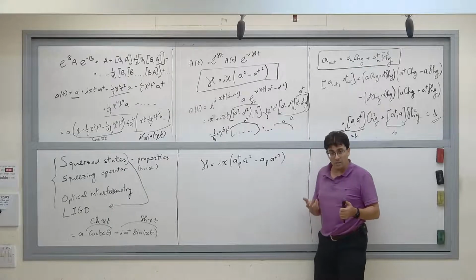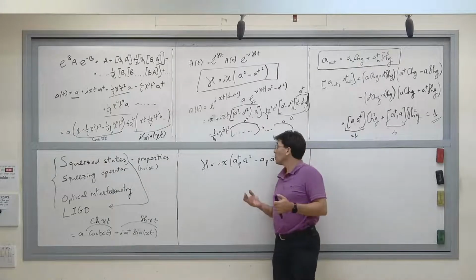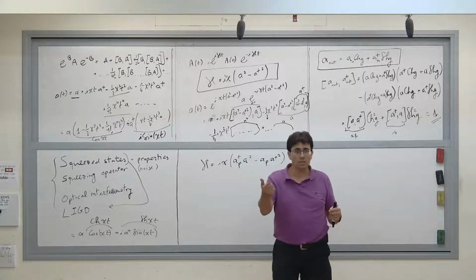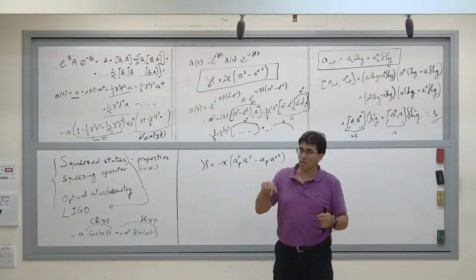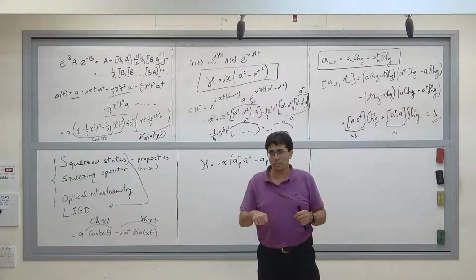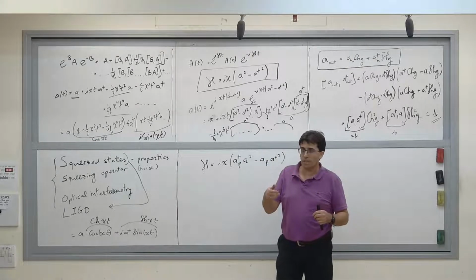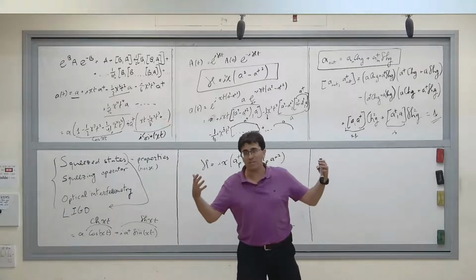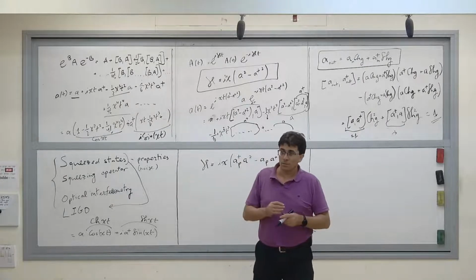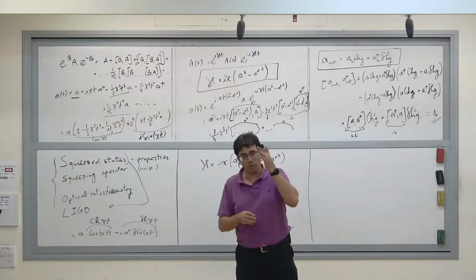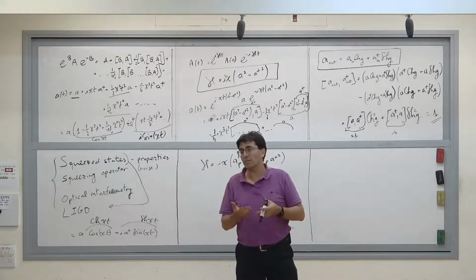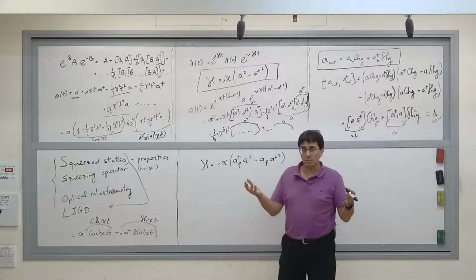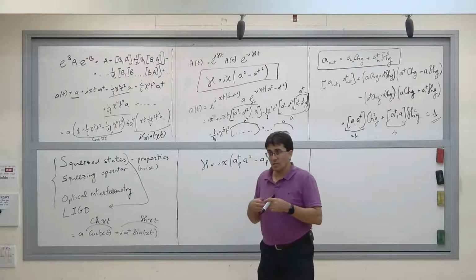It also makes sense, because I'll remind you, this pump is operating at twice the frequency of the oscillators that we're looking at. So if the pump is operating at twice the frequency, then its photons are twice as fat. So if you break a pump photon in two, then the total energy is conserved. One photon of the pump is gone, and two photons of the signal are created.